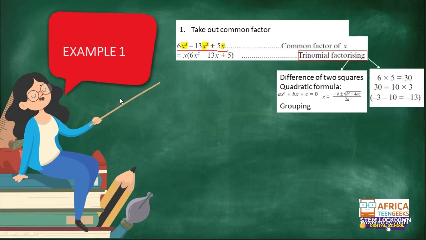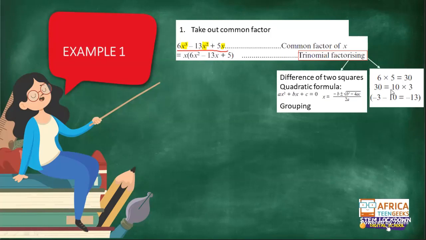There's a method where you can multiply the constant of your x squared and the last term. Then you check which factors of this product can I add or subtract to give me the middle term?